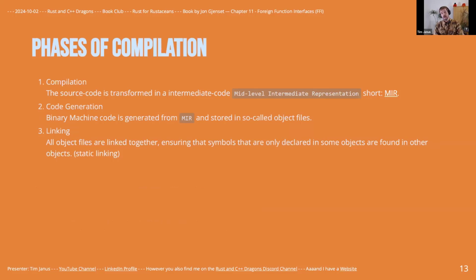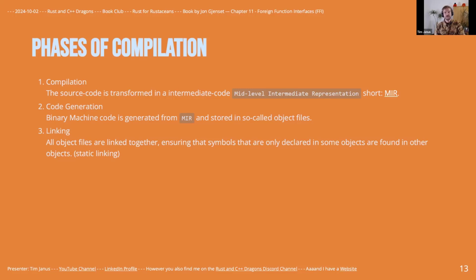And for this, we need to understand the phases of compilation. When we write source code in Rust, we first transform it into the mid-level intermediate representation. That is then compiled by LLVM to bytecode, so binary code.